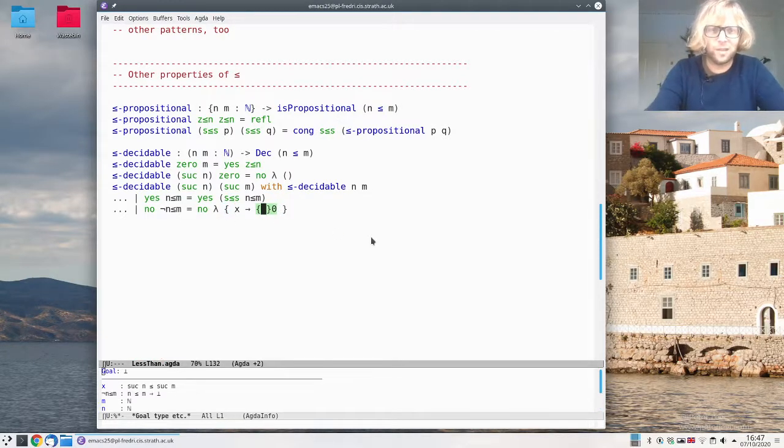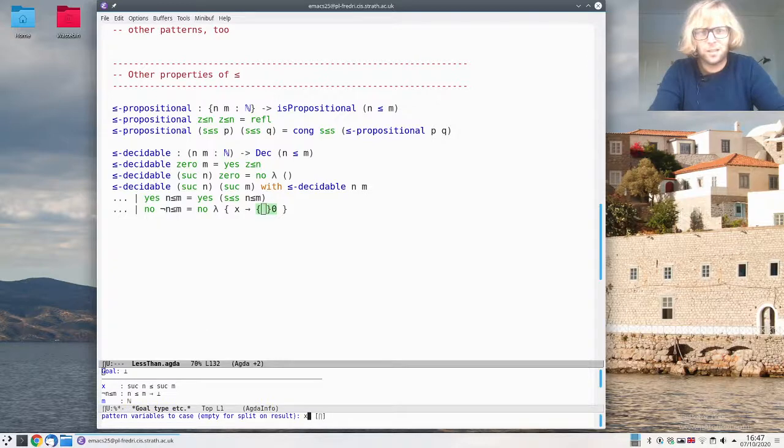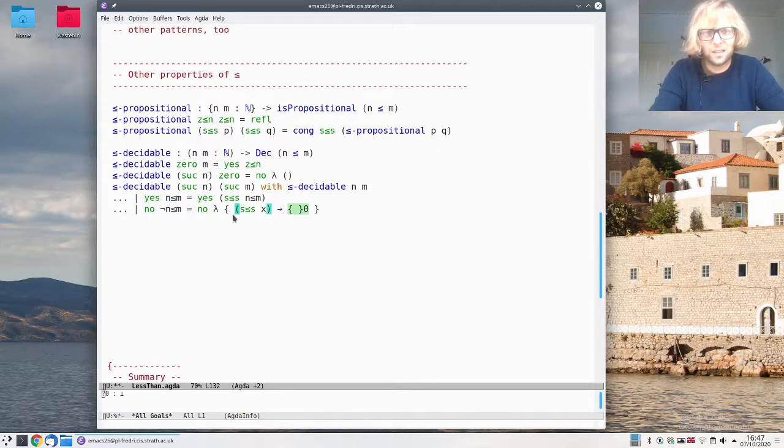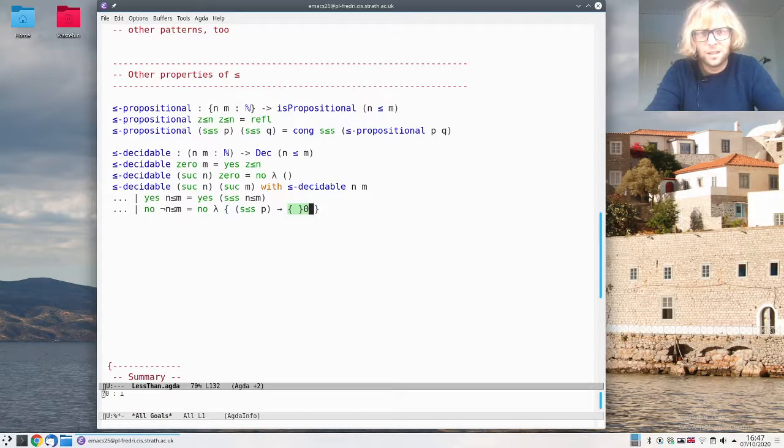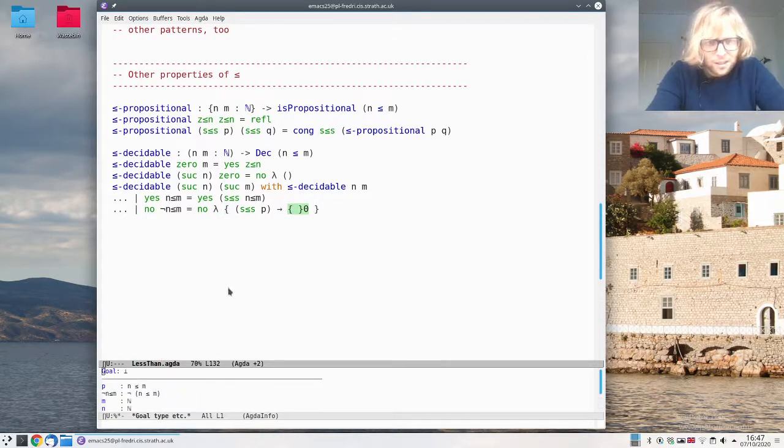So now what do we have? I have an x which says that suc n is smaller than suc m. So if I pattern match on that x, I learn that there's only one thing it could be. It has to be this constructor applied to some x. Rename that x to p. Okay. But now, on the one hand, I know that p says that n is smaller than m, and this thing says that n is not smaller than m.